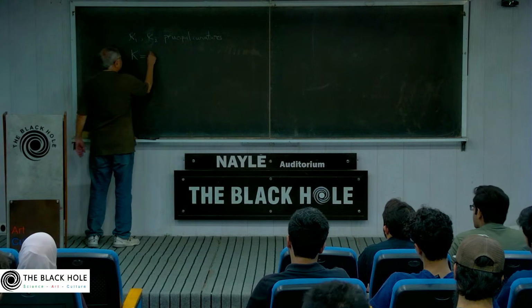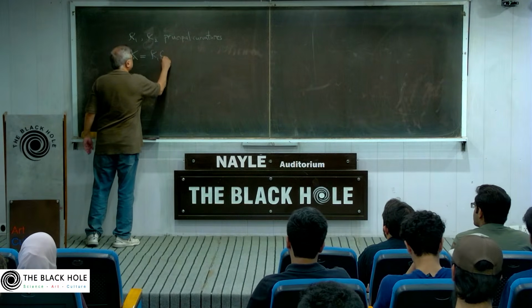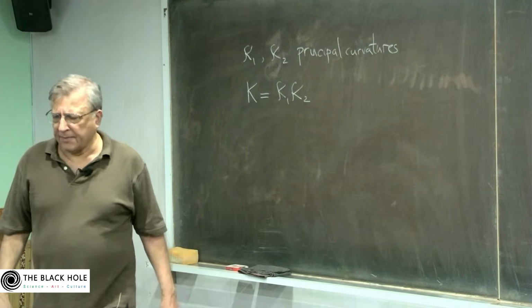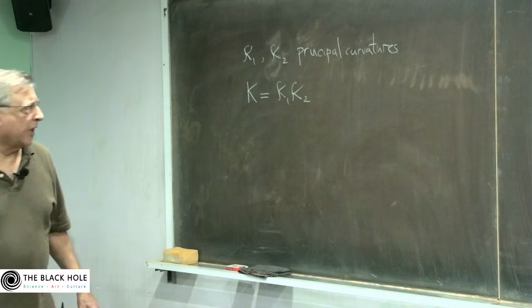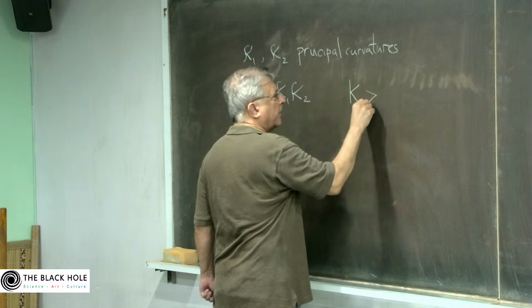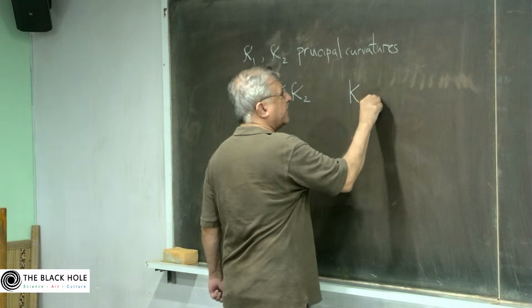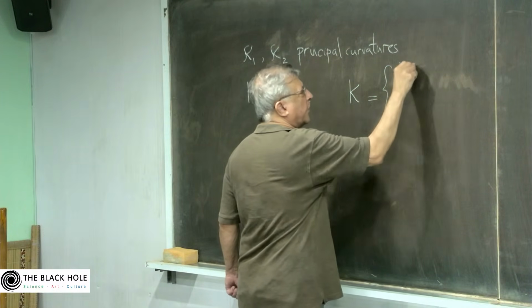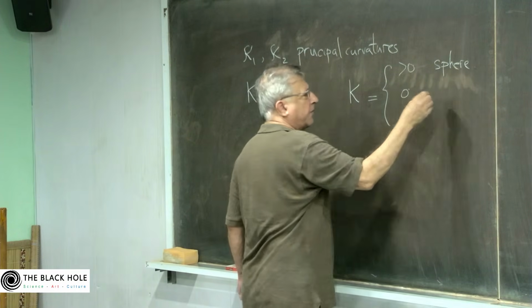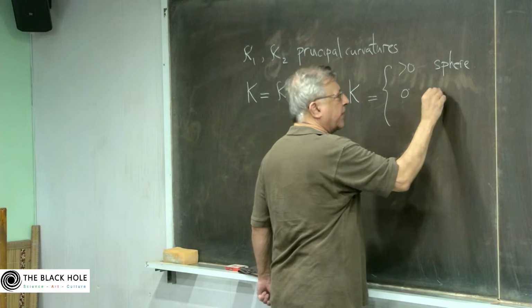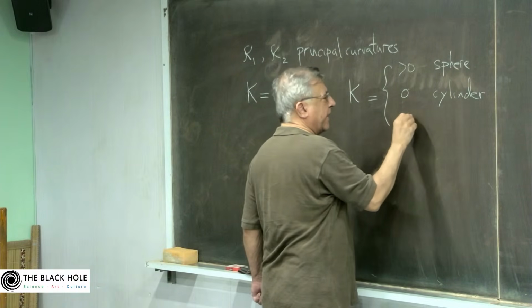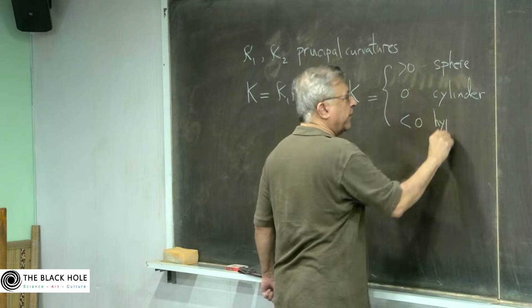So Gauss defined this K, capital K. K is positive for a sphere, 0 for a cylinder, and negative for a hyperboloid.